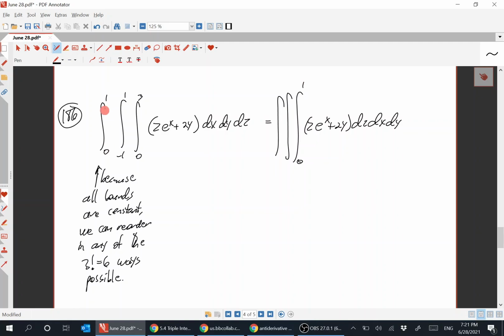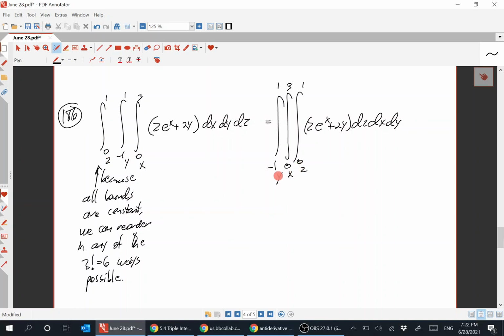The x is the inner integral, so that's 0 to 3. And then y is the last remaining one, minus 1 to 1. These are the boundaries: 0 to 3 for x, minus 1 to 1 for y, 0 to 1 for z.